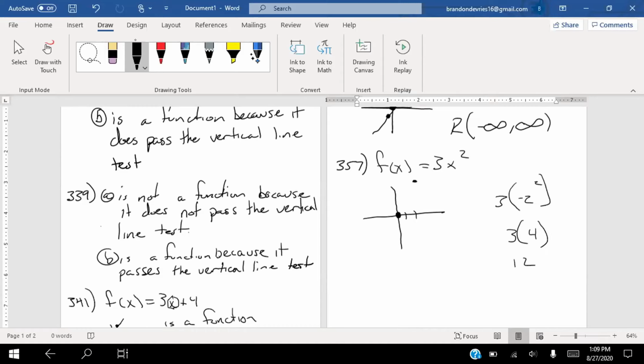So negative 2, and then positive 12. So it's like that. So it makes a V. It's more of a U because the -1, 0, and 1 are all 3.